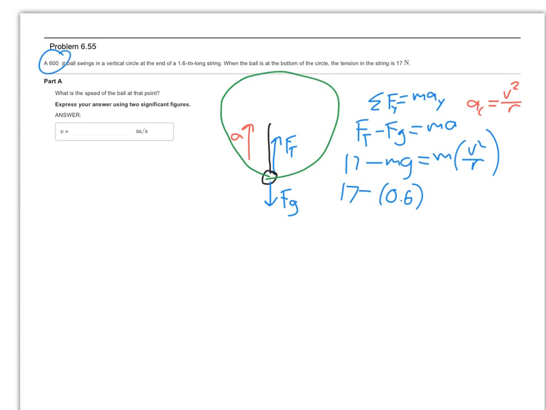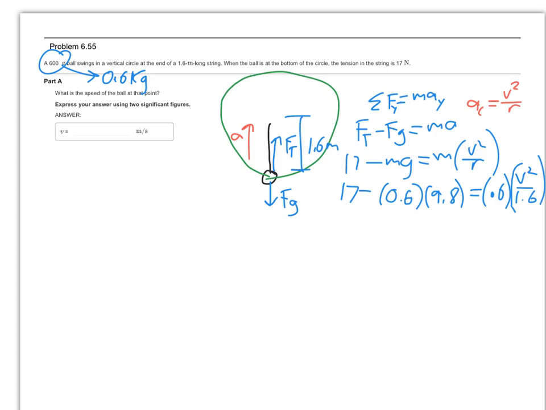I have 600 grams, which is 0.6 kilograms. So 0.6 times 9.8, and that's going to be equal to 0.6 times v squared over my radius, which is 1.6. Whatever the length of this rope is here, that's going to be the radius of my circle.